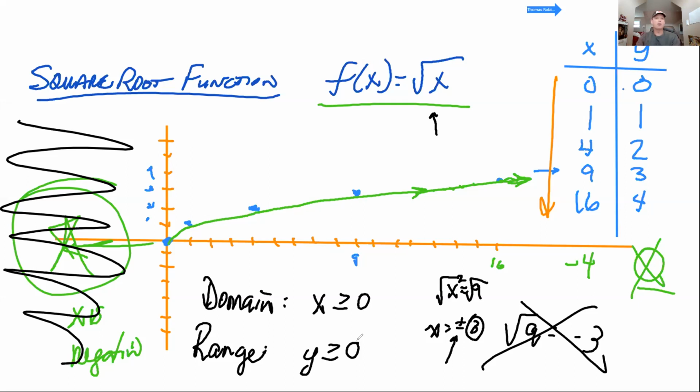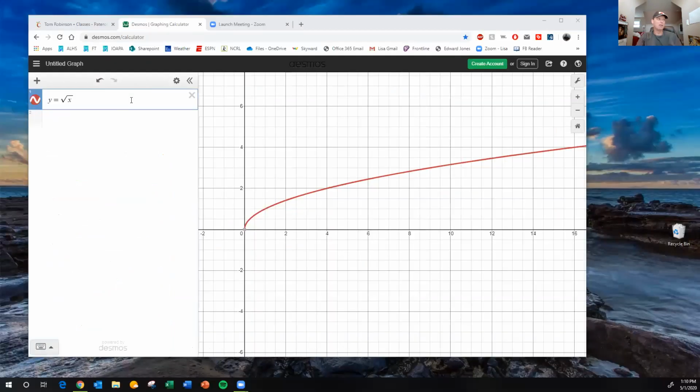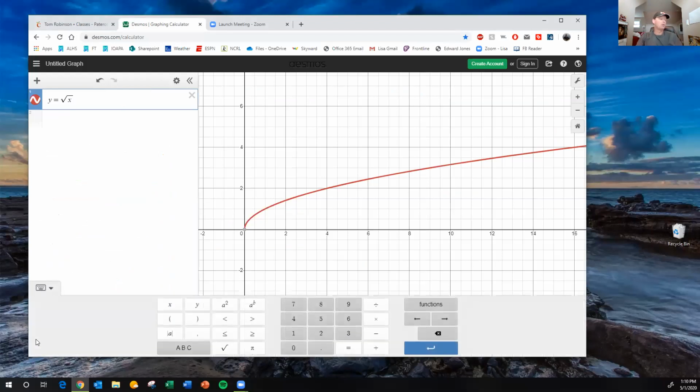But I am now curious about what happens if I do this. If I put a number outside of the radical, outside of the square root, and add it to my function. So I'm going to go back, and now you've seen me do this before. I think some of you know exactly what I'm going to do here. I'm going to go here, and I'm going to begin to add and subtract things to my graph.